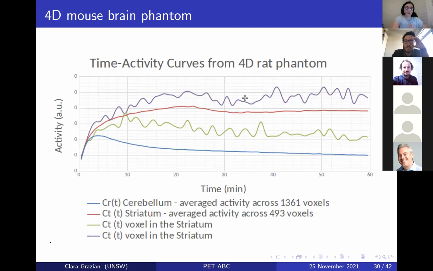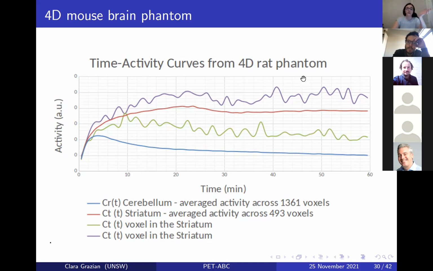So this is the type of activity curves that we can observe. In the cerebellum, there is no activation, so we assume to observe this type of activity curve. The red line is an average activity over around 500 voxels in the striatum, so you can see that there is a difference.